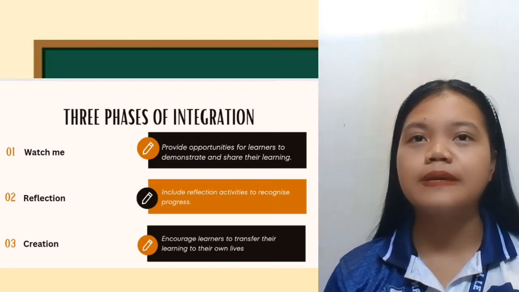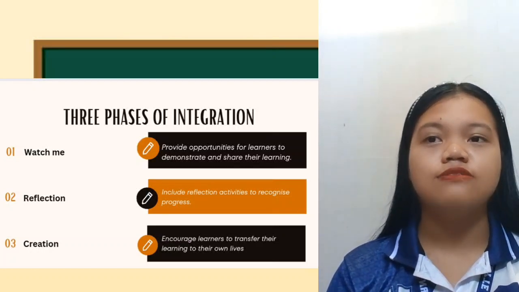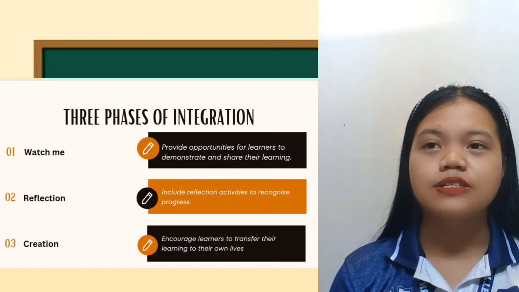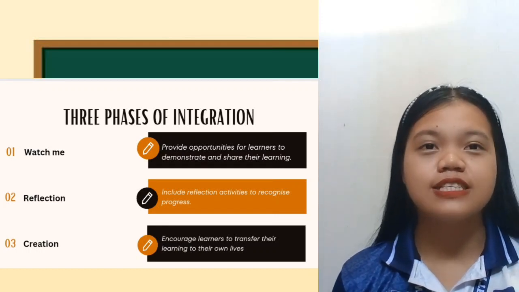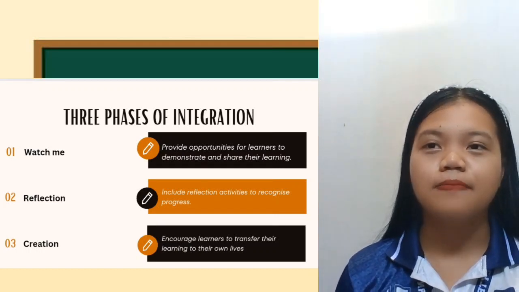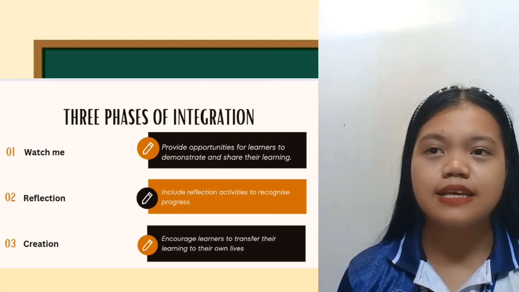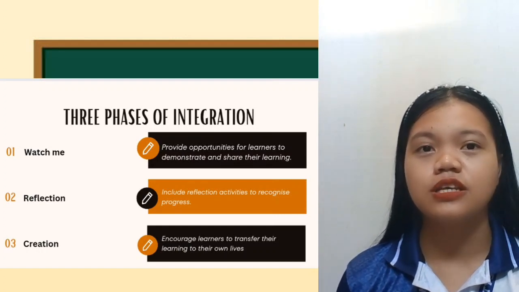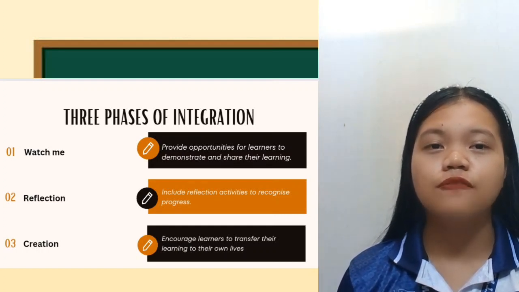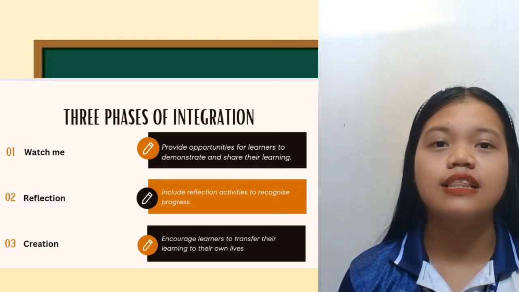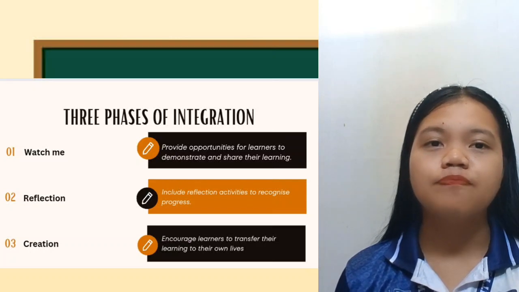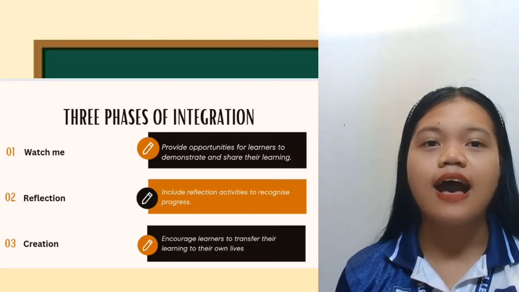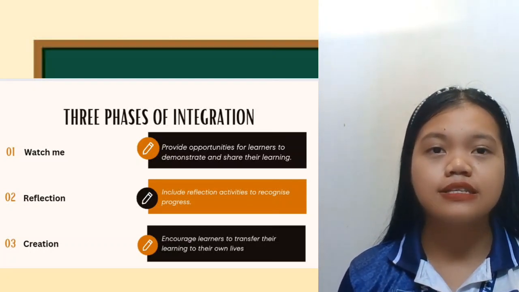So the second phase is reflection. Reflection includes activities to recognize progress. In this phase, the reflection activities allow students to recognize their progress and understand how their learning has evolved.